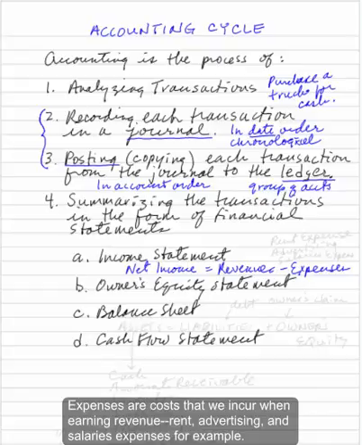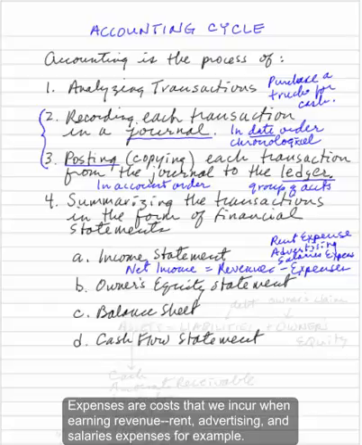So a couple of expenses, rent expense. You want a nice office to entertain your clients. You have to pay rent on the office. That's an expense. Advertising is something that increases your revenue. It is also an expense. Salary is expense. So if you have an employee, you'll be incurring salaries expense.